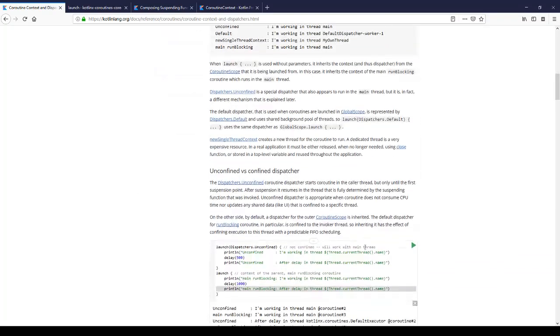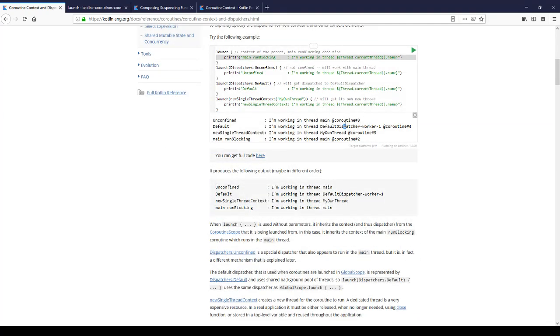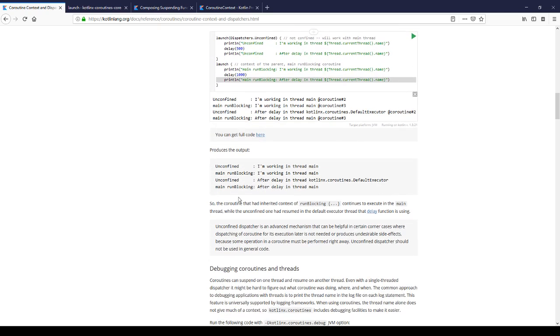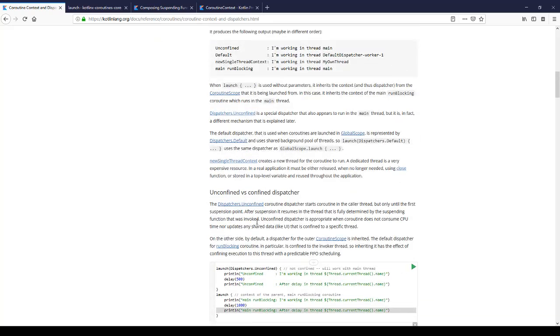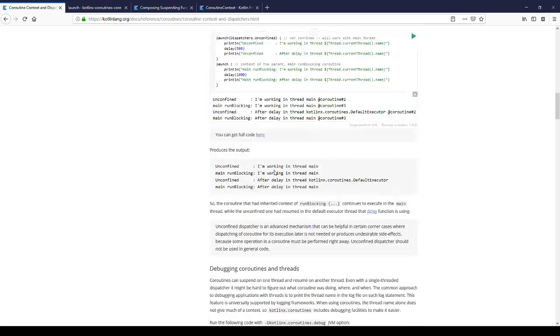And it's in the default executor, and this is not the default dispatcher. Interesting. But anyway, we know that now we are certain that yes, before the first suspension point, the unconfined one gets executed.